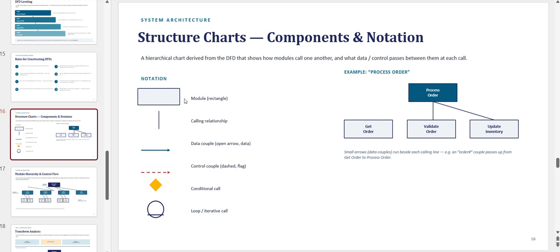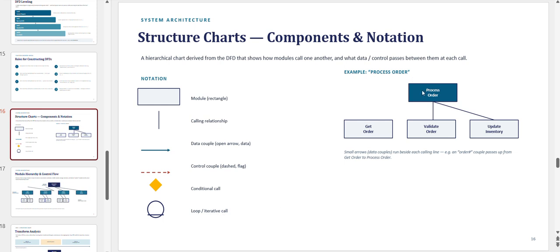Notation: a module is a rectangle, the calling relationship is a straight line, and the arrow sign on the right side means data coupling, an open arrow for data. This sign is control couple, a dash or flag. This sign is a conditional call. This sign is a loop or iterative call.